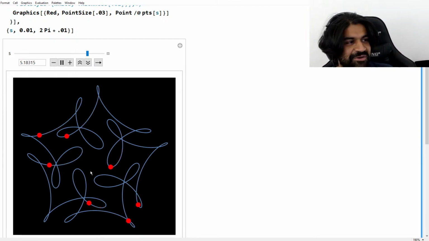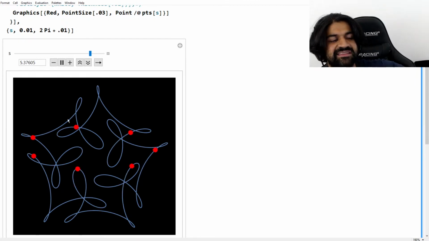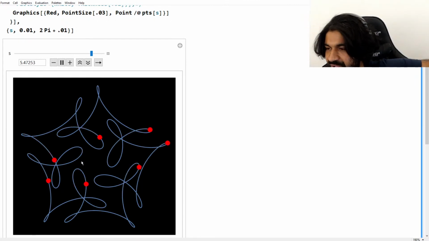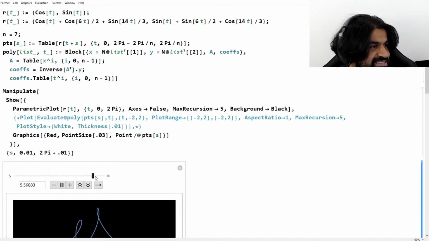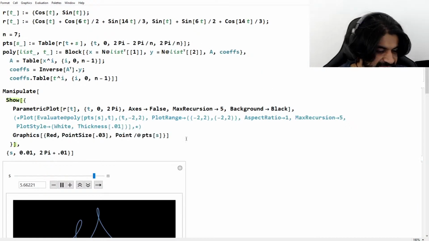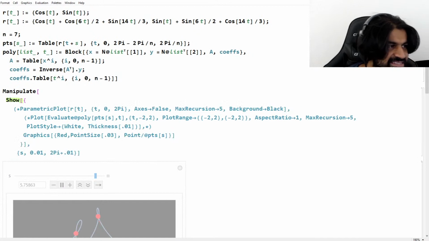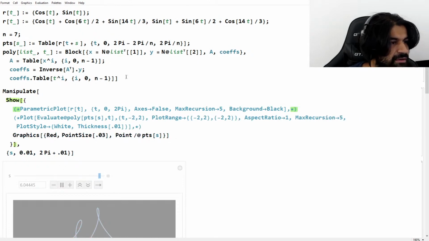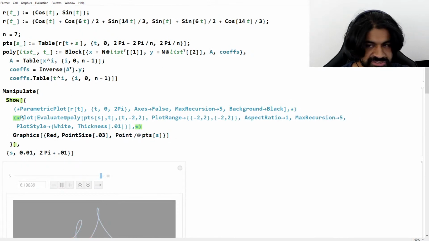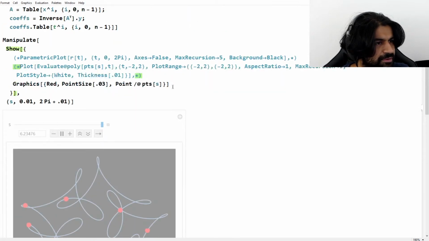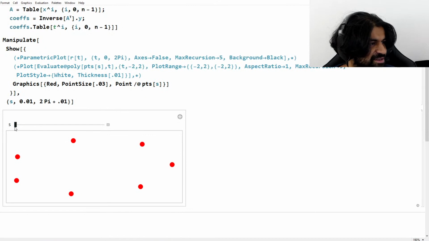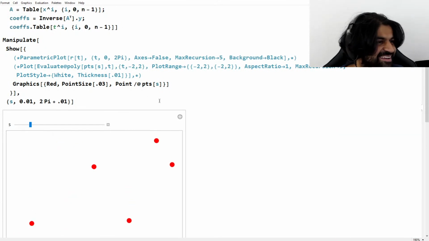So just so the graph isn't too busy, I'm going to delete the path that they're moving around so that you just see the points. Okay, so let's get rid of this and just show the points. Darn, it rescaled the graph.